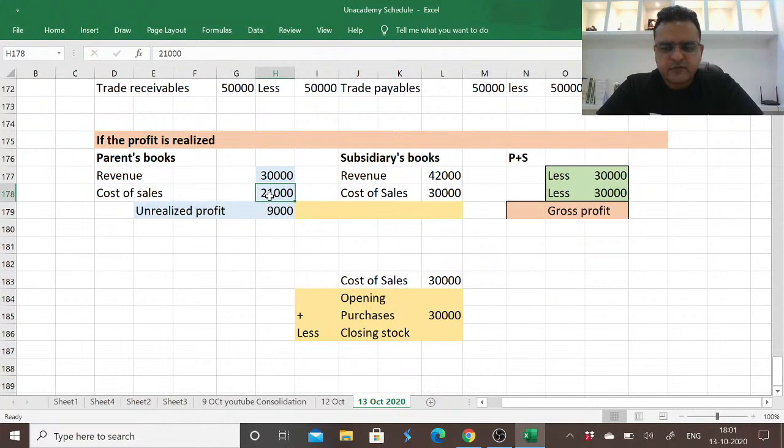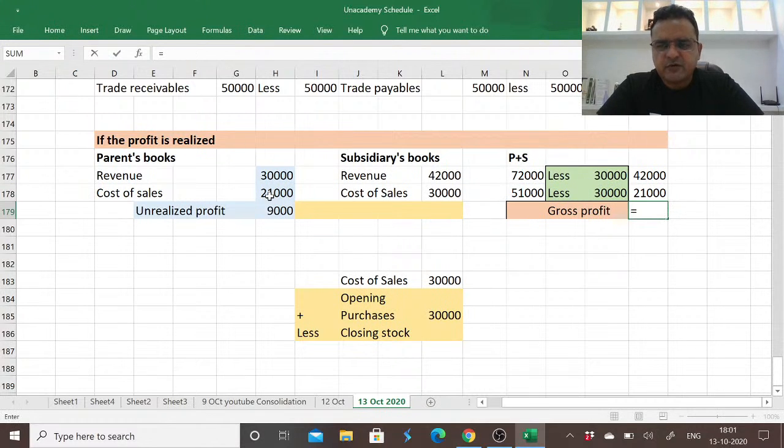So the 21,000 worth of goods were sold for 30, they were received for 30 and were sold for 42. So when we do P plus S, it is 30,000 plus 42,000. Cost of sales is 21,000 plus 30,000. When we eliminate intra-group transactions, we get the real result, that is 72 minus 30, and we get 51 minus 30.